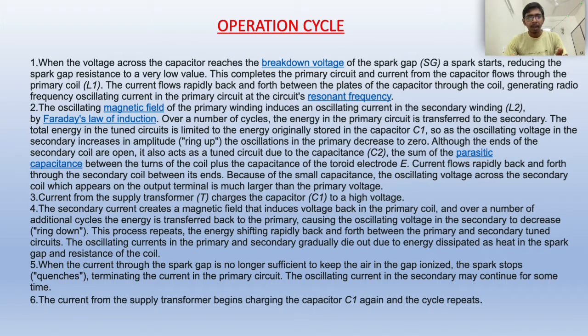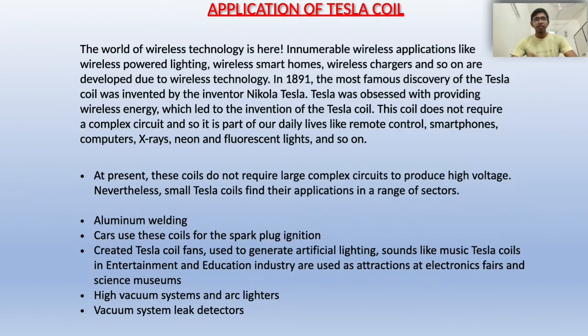Now let's see the significance of this Tesla coil. Nikola Tesla's dream of wireless power didn't go in vain, and it is still serving this purpose even in the modern world of semiconductors.